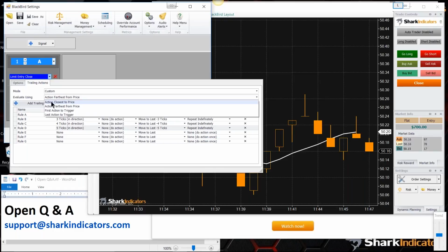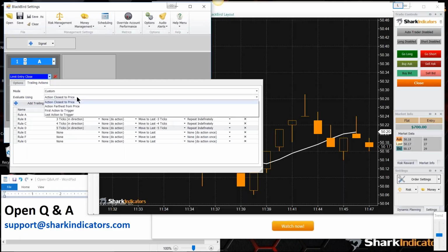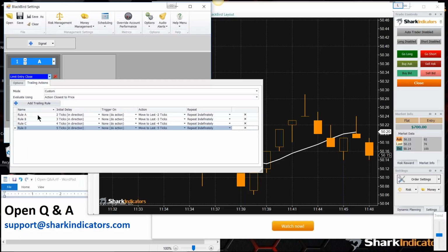So with this evaluate using, if we're going to use the action closest to price, in other words, action closest to the market price, I guess we've got plenty of room here. Maybe I'll get Jeremy to update this so it says action closest to market price and action furthest from market price, just to add a little extra clarity. So if we're using action closest to price, then out of these four rules, which rule is going to move our order closest to the market price?